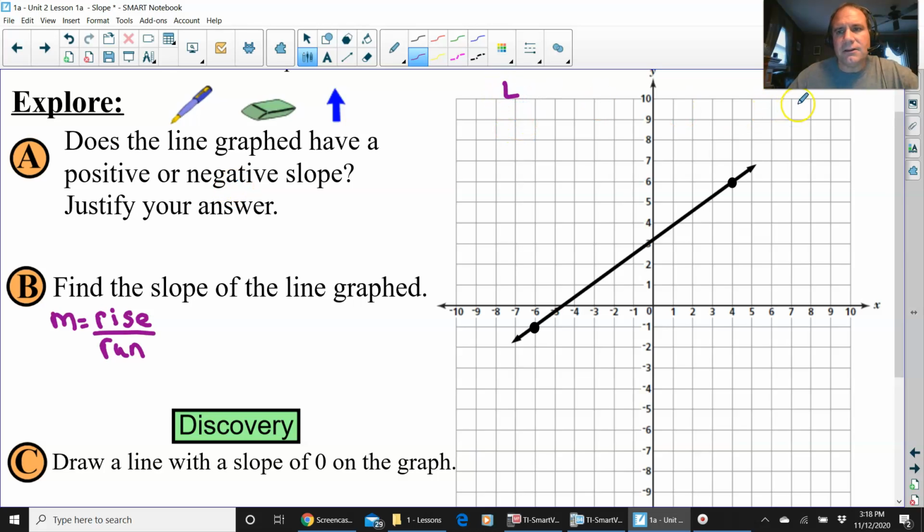If you put the L and the R up here, and I'm not doing that forever, but just if from left to right, does this line go up or is this line going down? If you said up, you're correct. I'm going to circle positive slope. And remember, it goes up from left to right. And that is how you justify your answer. It goes up from left to right.